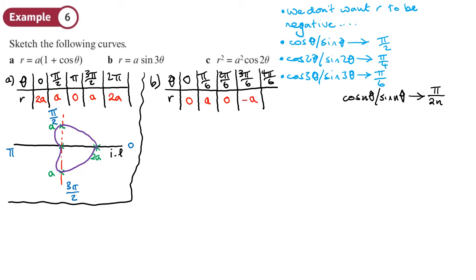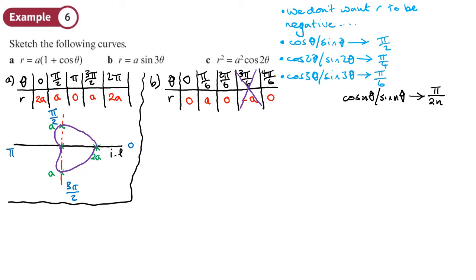So this is going to be one that we ignore, and then sine of 3 times 4 pi over 6, that's going to give me 0. So we ignore this one here, because we don't have negative values of r. We can have negative angles but not negative values of r.